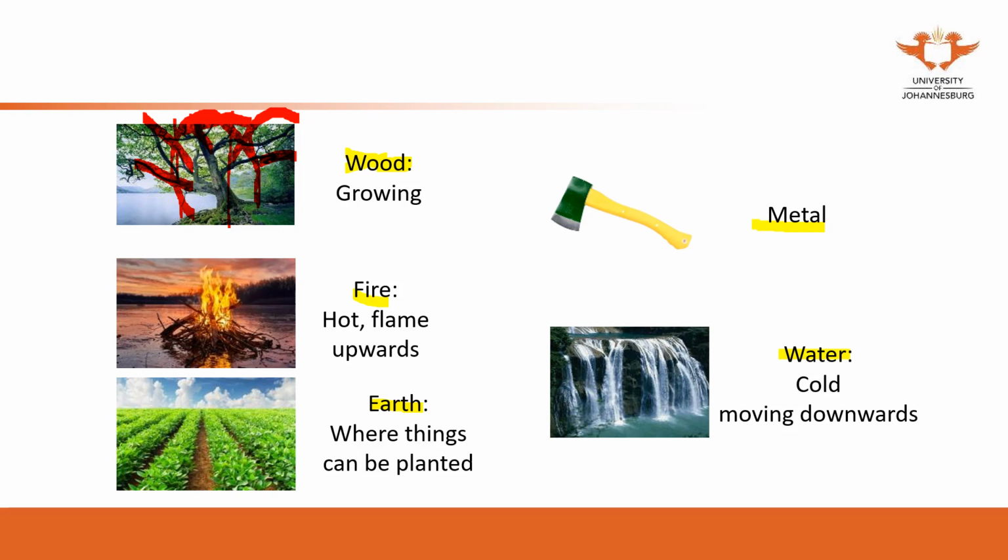Wood is growing, anything growing, and the plants grow more in spring, and the plants hate limitation. If you limit them, they don't like it. You will cause abnormality. So that's the character of wood.